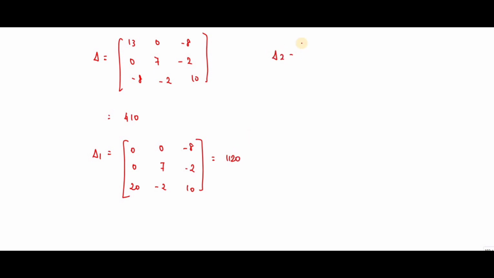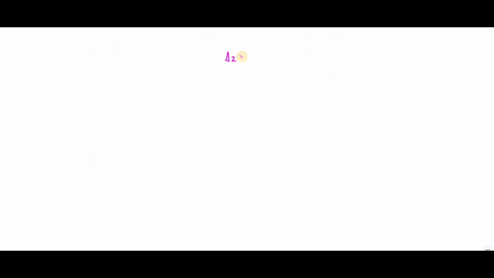Likewise del 2: the second column is replaced by 0, 0, 20. The answer for del 2 can easily be calculated using the calculator. That value is 520.